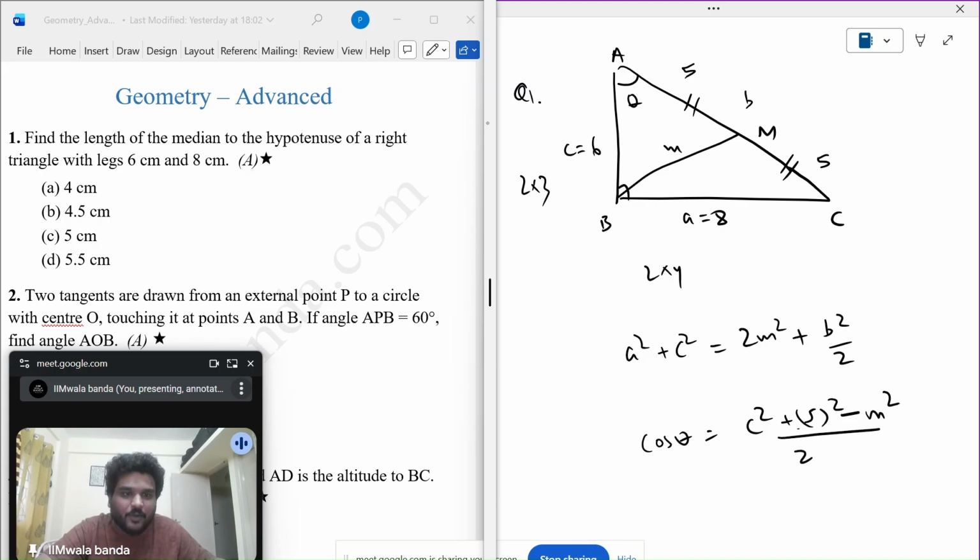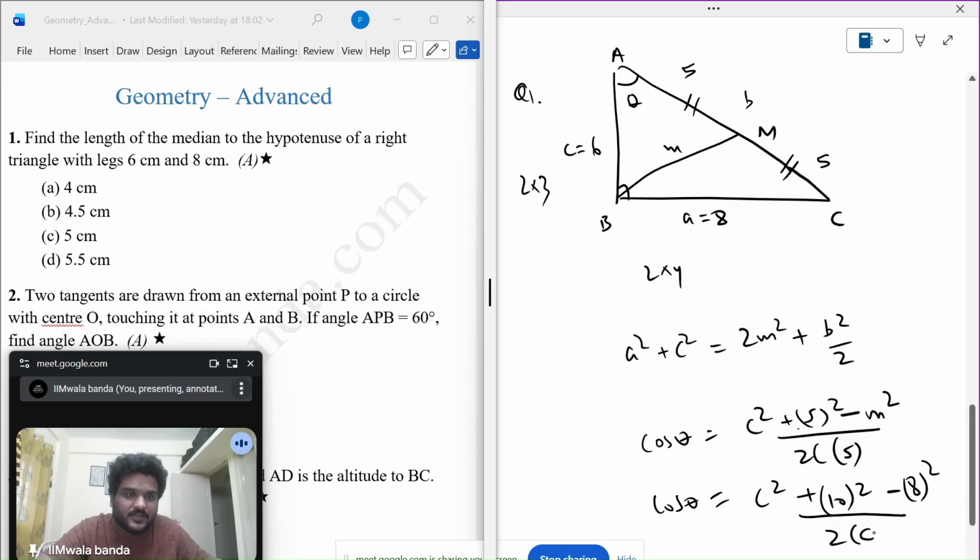upon 2c and 5, and cos theta in the bigger triangle can be c square plus this whole side square minus 8 square upon 2 into c into 10.